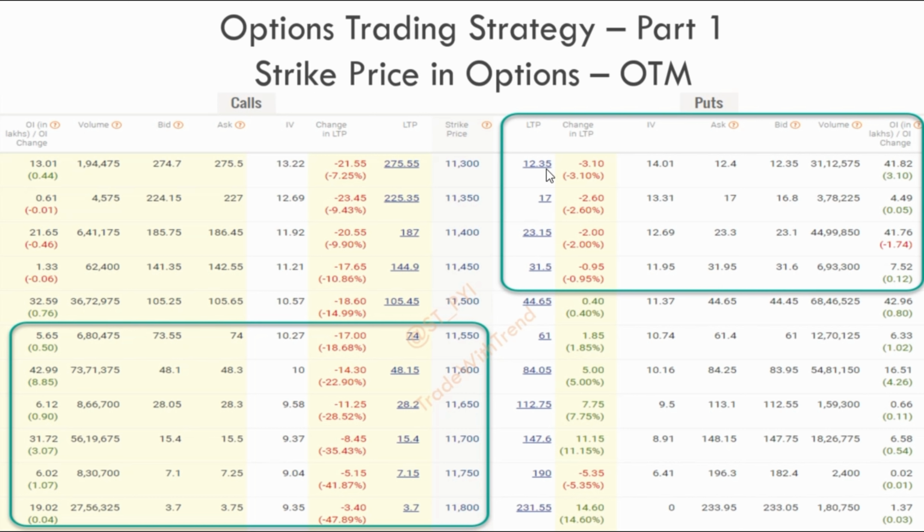In puts, all the strike prices that are below this 11,500 spot level are out of the money put options. That is 11,450, 11,400, 11,350, 11,300. These are all out of the money put options. The premium values that you see in this case and in this case only have time value, no intrinsic value. Why? Because it is out of the money, that is, into the future.